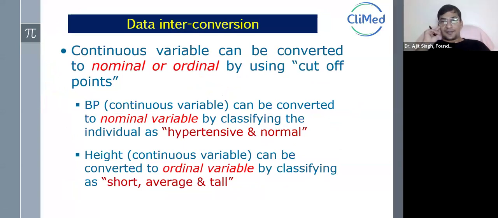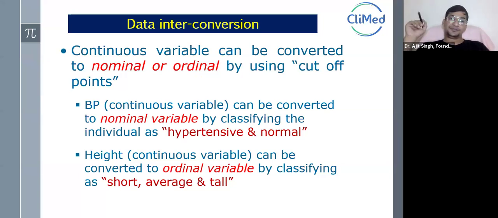Data interconversion. As I told, very first example I'll give you. You have seen blood pressure, right? Blood pressure could be 60 mm Hg, it could be 160 mm Hg. Take systolic blood pressure. It could be 90 mm Hg, and in hypertension it could be 220 also.